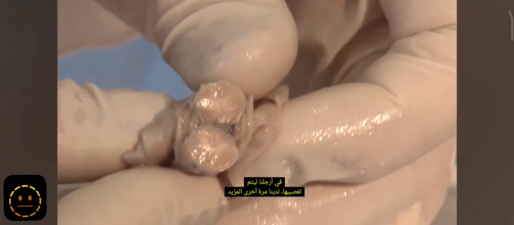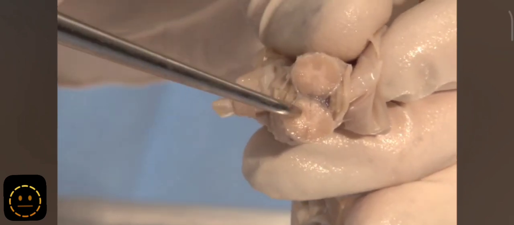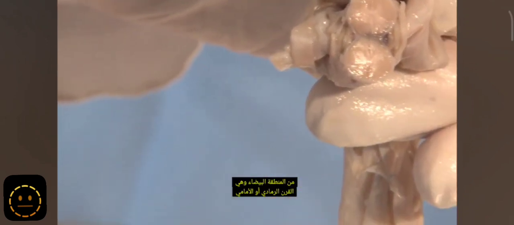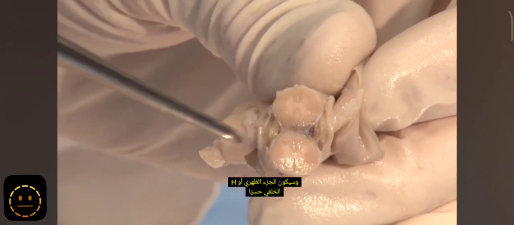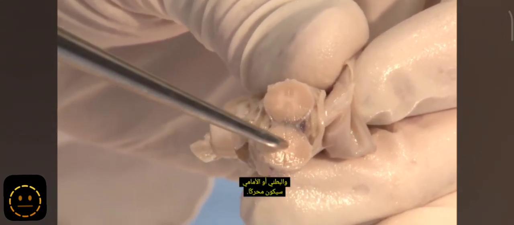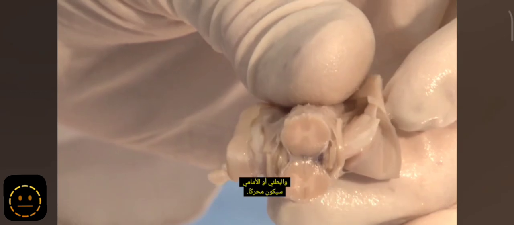And as we move down farther, down toward the sacral region and the lumbar region, because we have lots of muscles in our legs to be innervated, again, we have more of the white area, which is the gray matter, the anterior horn and posterior horns, as we call them, because of the shape of this H. And the dorsal or posterior is going to be sensory, and the ventral or anterior is going to be motor.